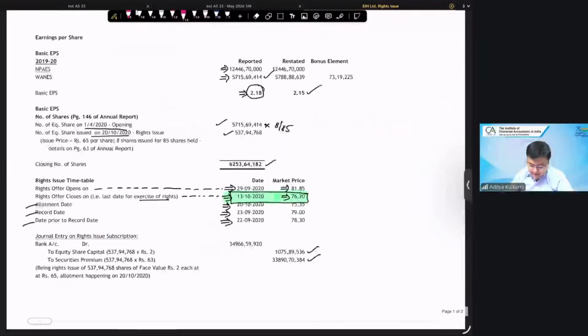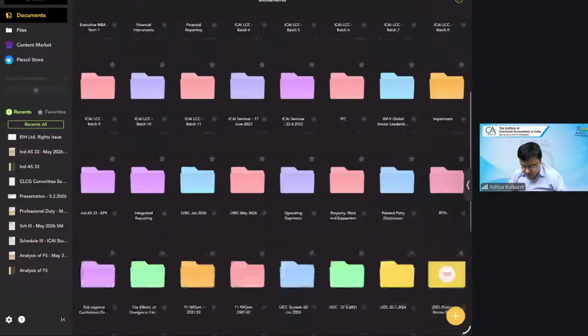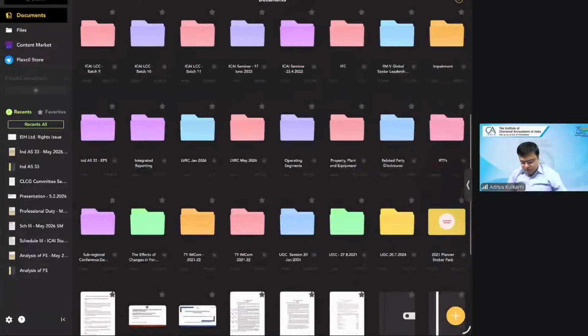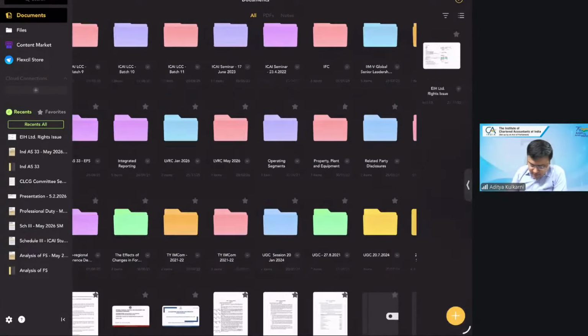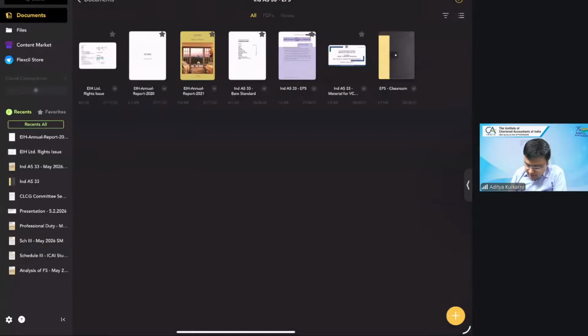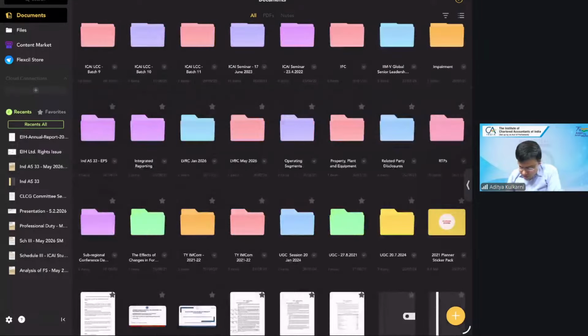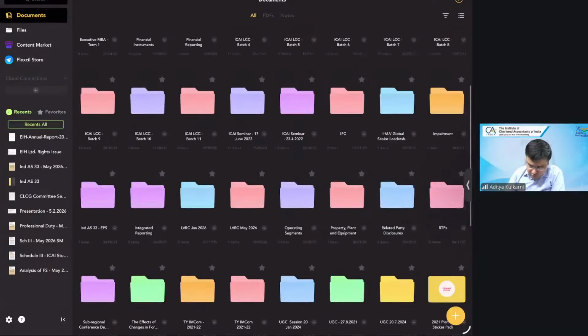See, I had done this one for an actual rights issue that was issued. I have done so that you can understand how it actually works in real life. I'll just show that to you. And there is one more that I'll just open up for you.